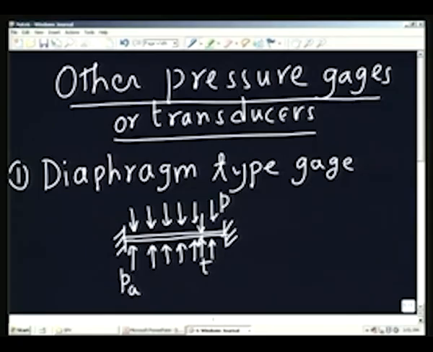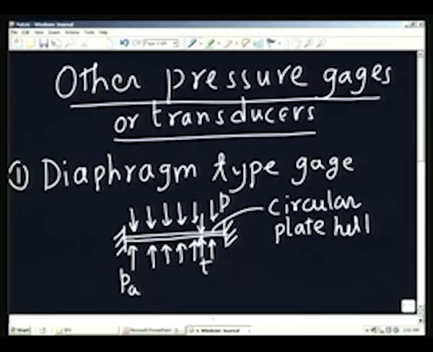So, I have a circular plate or a diaphragm held fixed at the circumference.